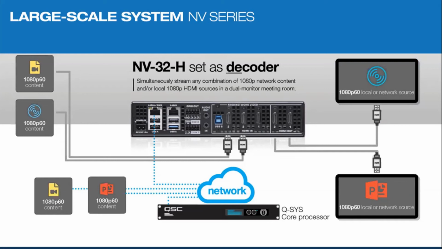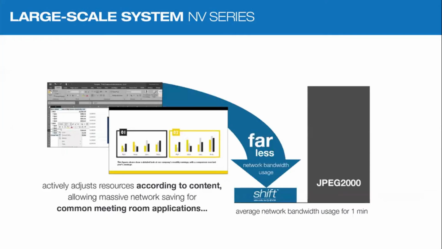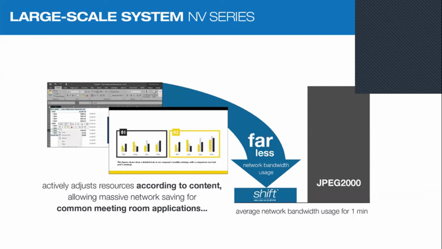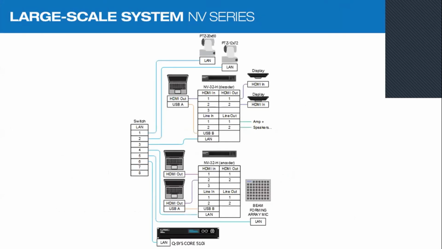And the other thing that it allows is you can use it as a kind of rudimentary switcher. So local inputs can be routed to the outputs, which is quite handy. And as I already mentioned, we have the Shift compression that has far lower network usage, especially in moments of low motion.